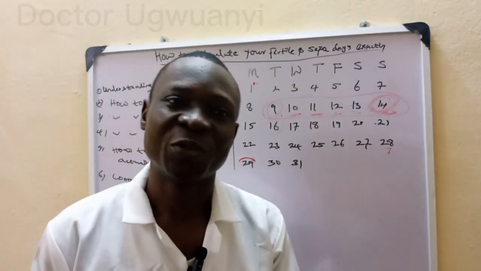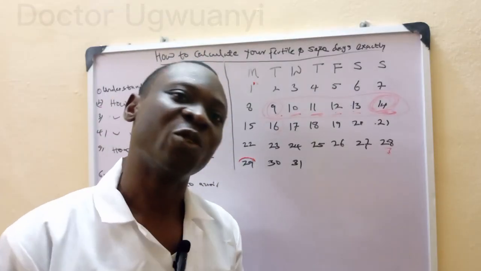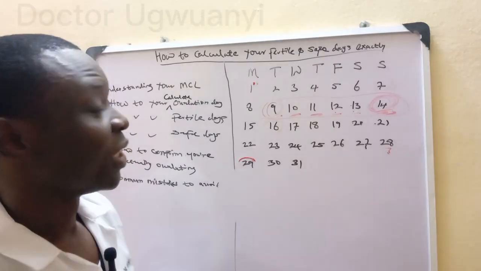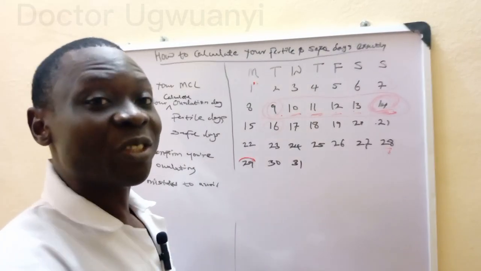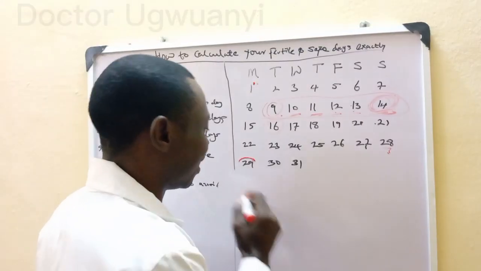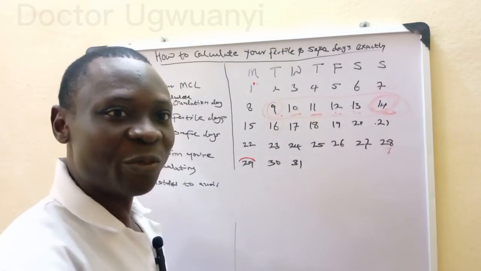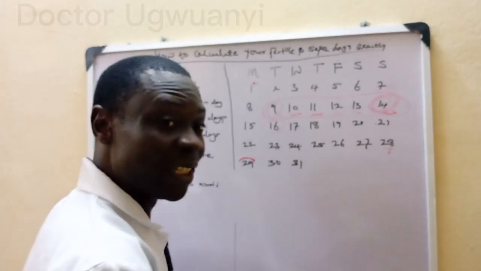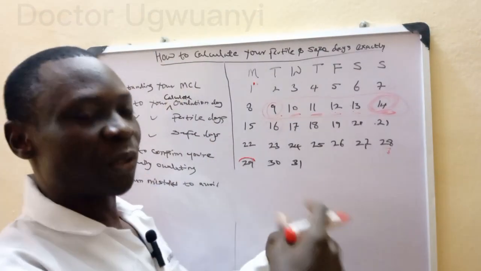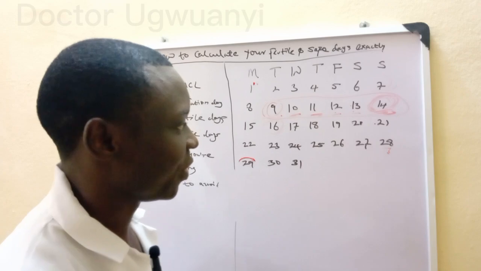Some people go ahead to even calculate without knowing that. So you have to know your menstrual cycle length. And some people just assume that ovulation occurs 14 days before your next period. No, like I said, you take the menstrual cycle length minus 14 days. Whatever you get is your possible ovulation day. Okay.